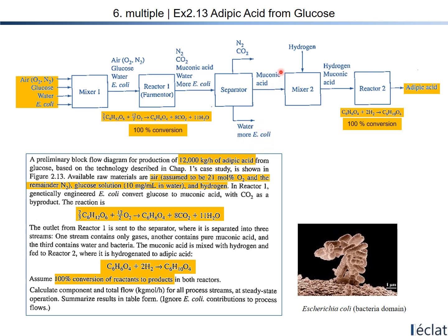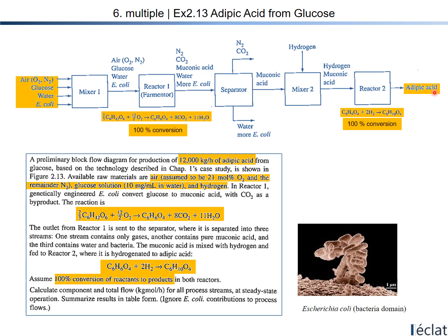Then the muconic acid is mixed with hydrogen gas in mixer 2. The mixture of those two is introduced into reactor 2, and then muconic acid is hydrogenated, and finally becomes adipic acid. So you can find the adipic acid at the final output stream.